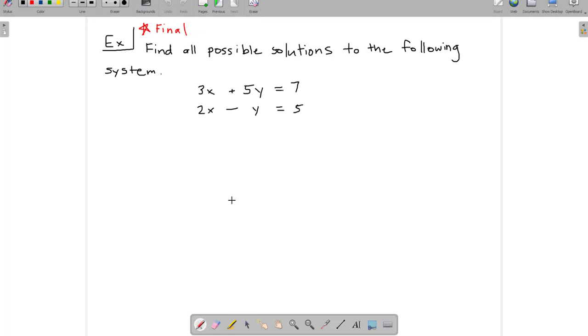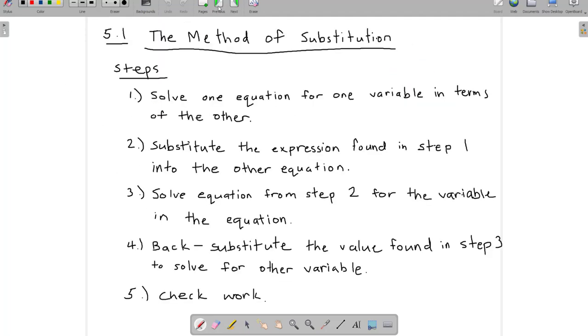Alright, so now let's go ahead and do an example from one of the past finals. As always, we're going to find all possible solutions to the following system. 3x plus 5y equals 7, and 2x minus y equals 5. Since we've only learned substitution so far, we're going to use substitution. So let's go back to our steps.